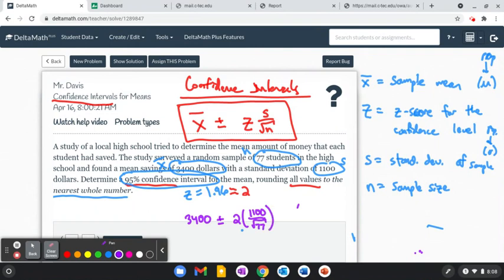Just like that. What I'm going to do is go ahead and calculate this second part on its own. So I'm just going to leave this as 3,400 plus or minus, and I'm going to do 2 times parenthesis 1,100 divided by the square root of 77.